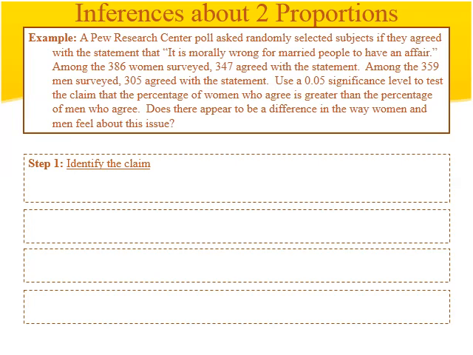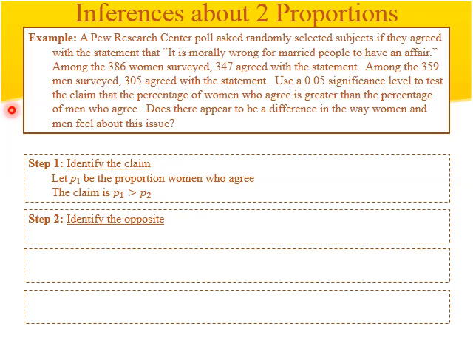So, first of all, let's identify the claim. We're testing the claim that the percentage of women who agree is greater than the percentage of men who agree. Or, another way to say that is the proportion of women who agree is greater than the proportion of men who agree. So, if we call P1 the proportion of women who agree, then what we're saying by our claim is that P1 is greater than P2.